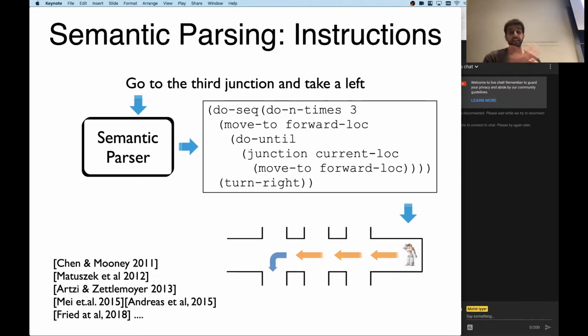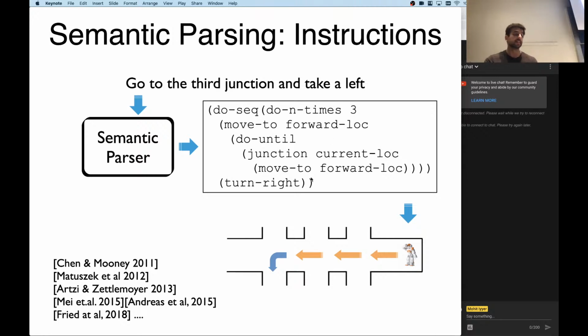So like the example I was referring to at the beginning of class, this is also a very useful framework for instruction following. So if you want to tell a robot, go to the third junction and take a left, it's maybe a little bit complicated, right? If you look at this language, it says there's like some loop type statements, move to forward location until the current location has a junction, and so on.